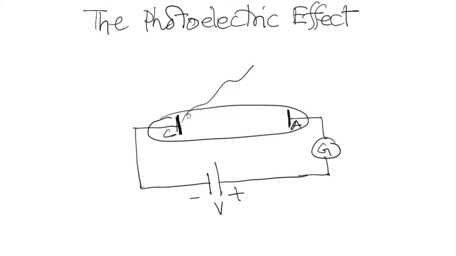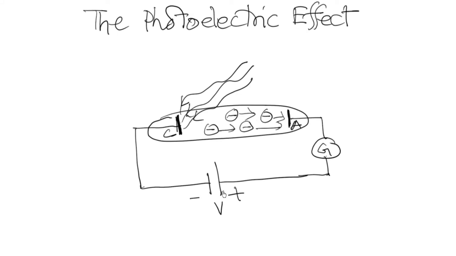Now, if light with appropriate frequency falls on the metal surface, then electrons will be ejected from the metal surface. And the electrons will be attracted by the anode.